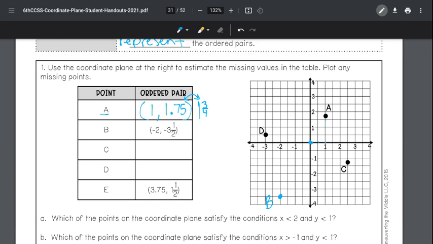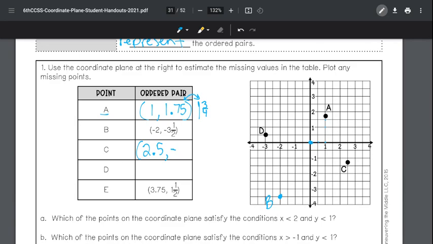So I start at 0, 0, and I'm going to go right. Oh, looks like it's at 2.5, right in the middle between 2 and 3. And put 2.5. Now I have to go down, so it's going to be a negative. And I went down 1/2, 1. Ooh, I'm right in the middle in between 1 and 1.5.